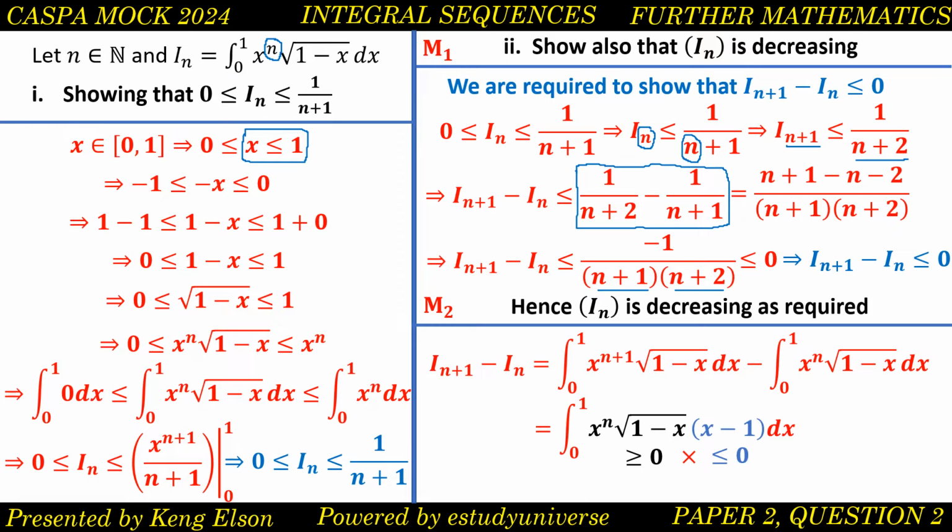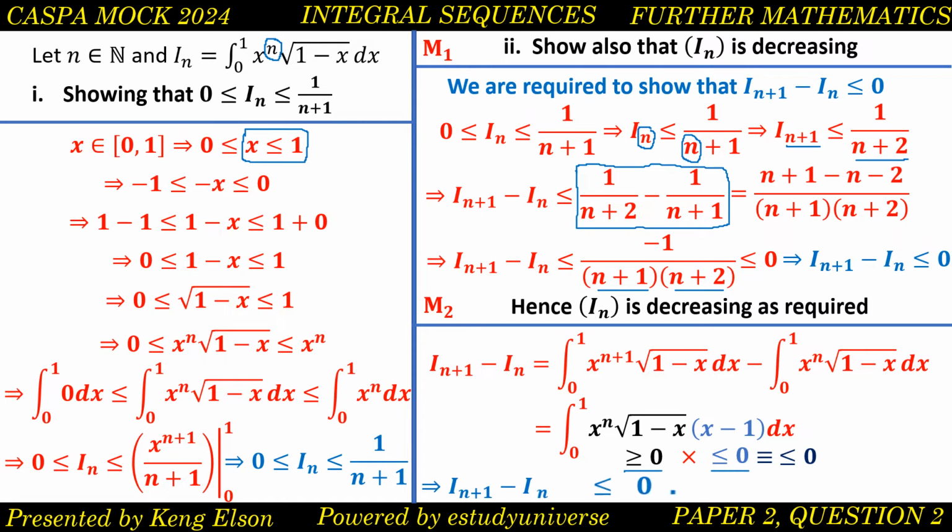So the integrand here will automatically be negative because I am multiplying a positive function and a negative function, so the result will be negative. And if I am integrating a negative function, my result will be negative. By definition, the integral of a negative function is also negative.